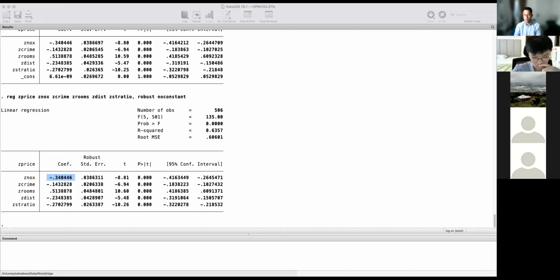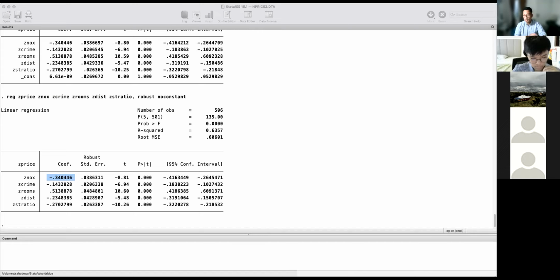Can I try, sir? Sure, go ahead, Stephen. So the NOx coefficient, we can interpret it as an increase of 1% in NOx is estimated to decrease the dependent variable by 0.34.